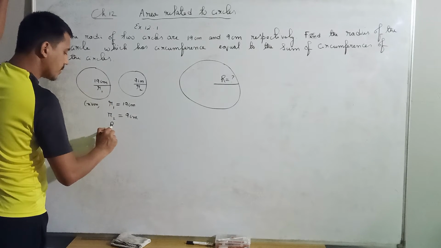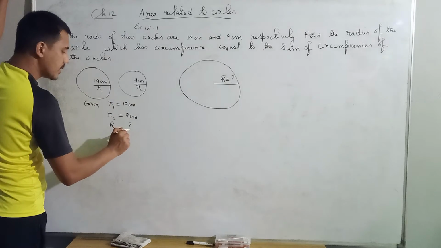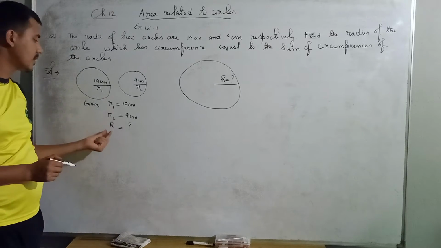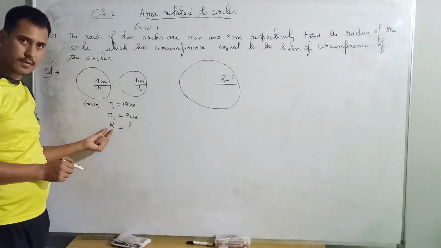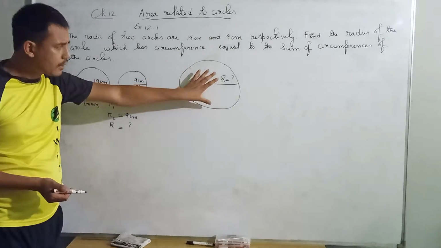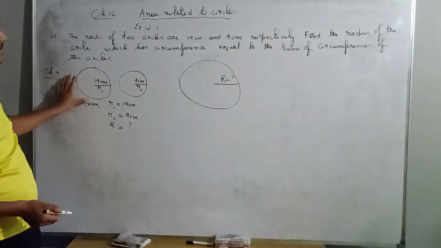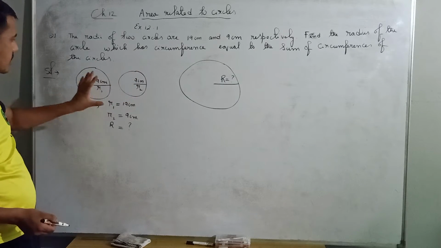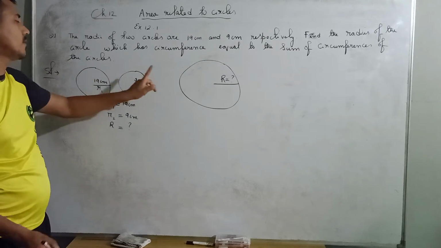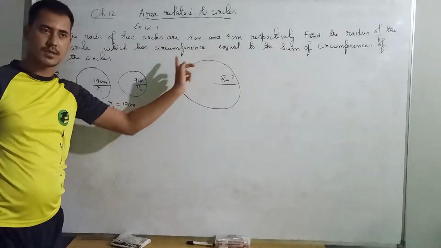You are asked to find out the radius of the third circle. Since it is unknown, we have denoted it by capital R. This circle will be much larger as compared to these two given circles, because only when you add their circumferences are you getting the circumference of this circle.